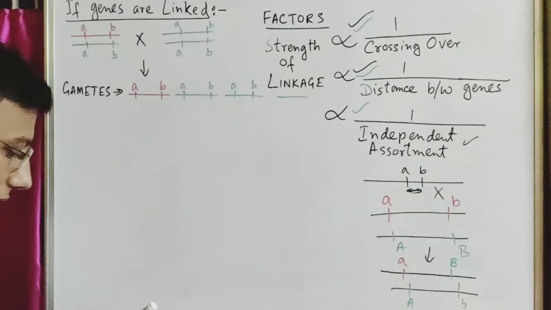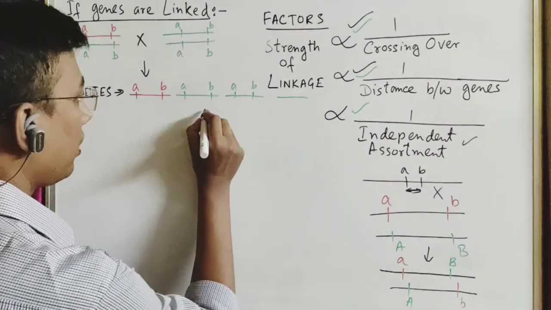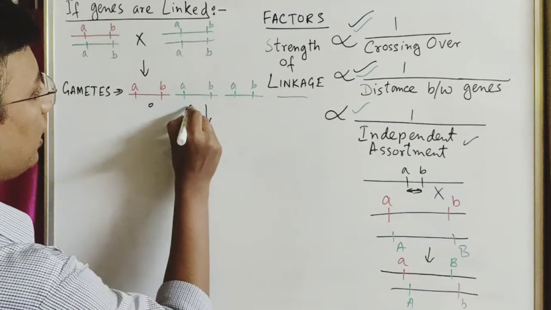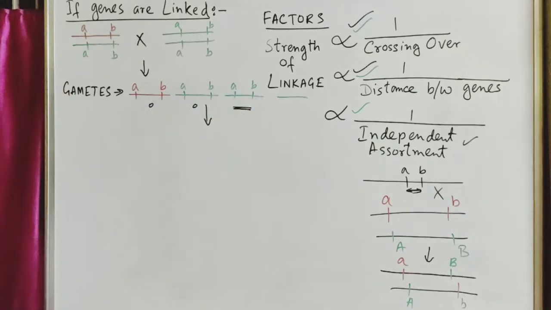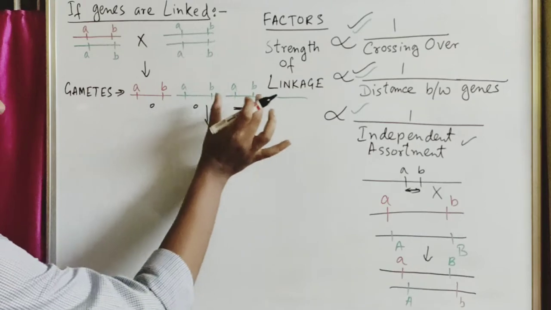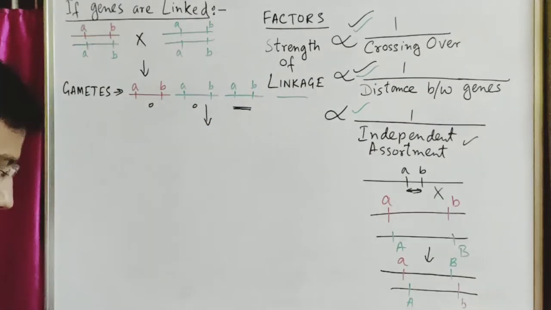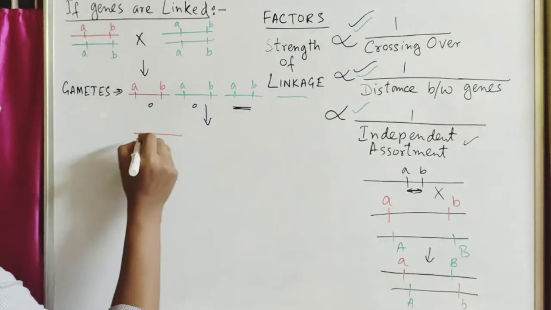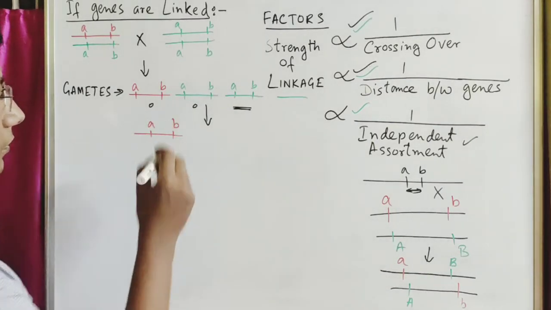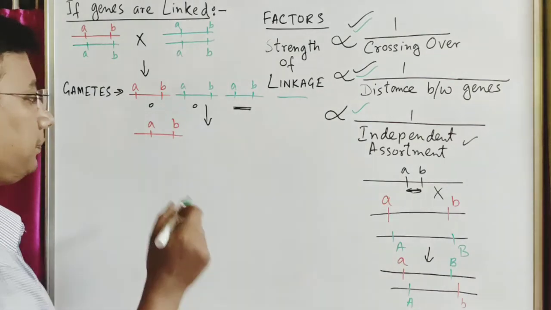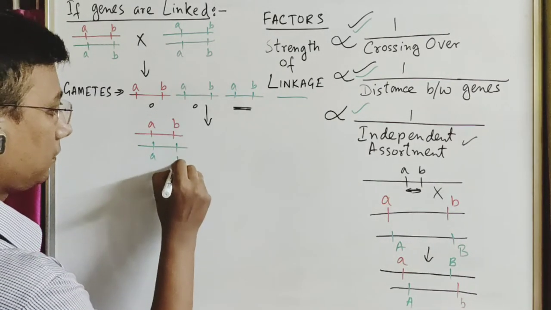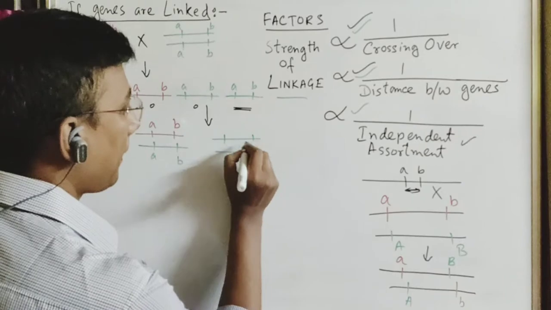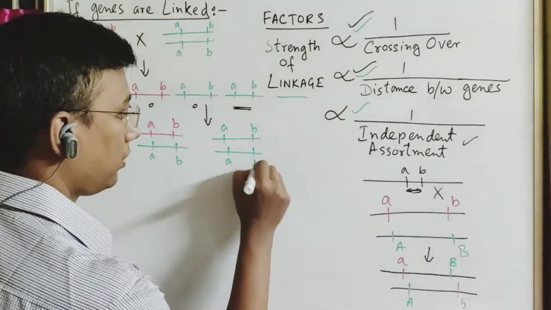Now these are the gametes, and when we cross them, that means we will cross these two gametes with this gamete, and we will get this one, and the other one that we will get is this one.